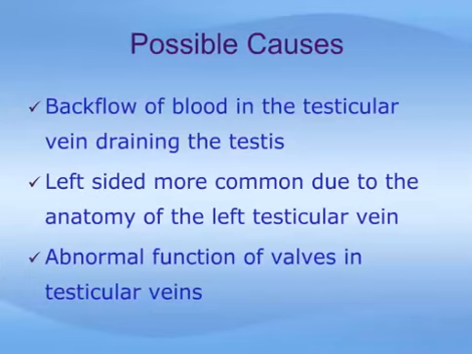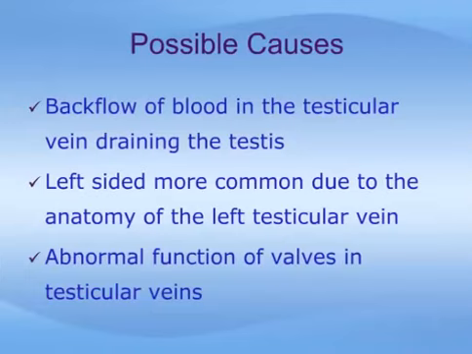The left testicular vein enters the renal vein at a right angle compared to the right testicular vein, which enters the inferior vena cava at a sharper angle, thus creating more potential for backflow down the vein on the left side. Furthermore, the left testicular vein connects to the left renal vein higher in the body than the right testicular vein enters the vena cava, meaning there is a greater column of fluid and pressure due to gravity on the left side.